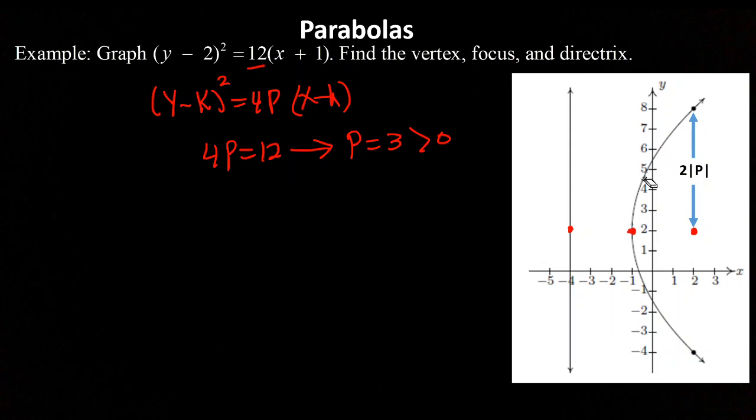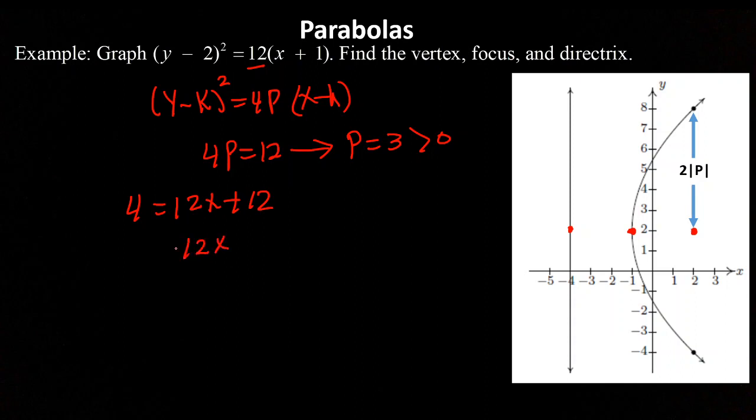Now, where do we get the x and y-intercepts? Well, we can substitute 0 for x here and find the y-intercept, substitute 0 for y here and find the x-intercepts, right? And there is only one x-intercept, of course, since it goes through the x-axis once. So we put y equal to 0 here. Then that would be 4 equals 12x plus 12.